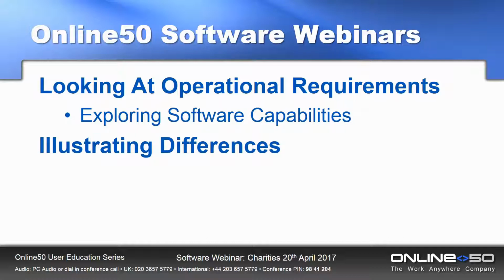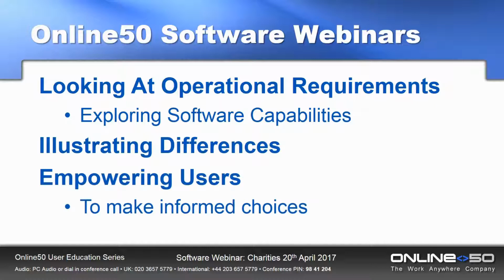We illustrate the differences between different pieces of software, and we're doing that, of course, because we're hoping to educate users to help them to make informed choices. Normally we'll be talking about the two main products that we host on the Online 50 platform, which are Sage 50 Accounts and SAP Business One, which we provide under our Ambition Enterprise licensing. Okay, so let's crack on.